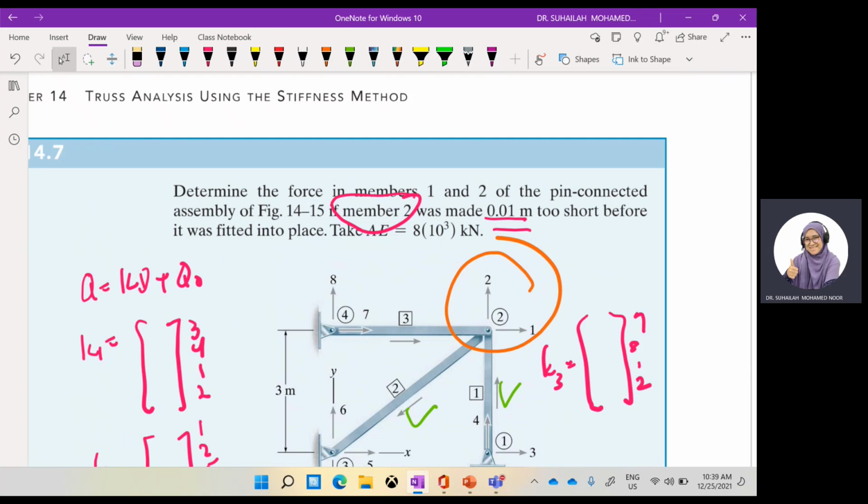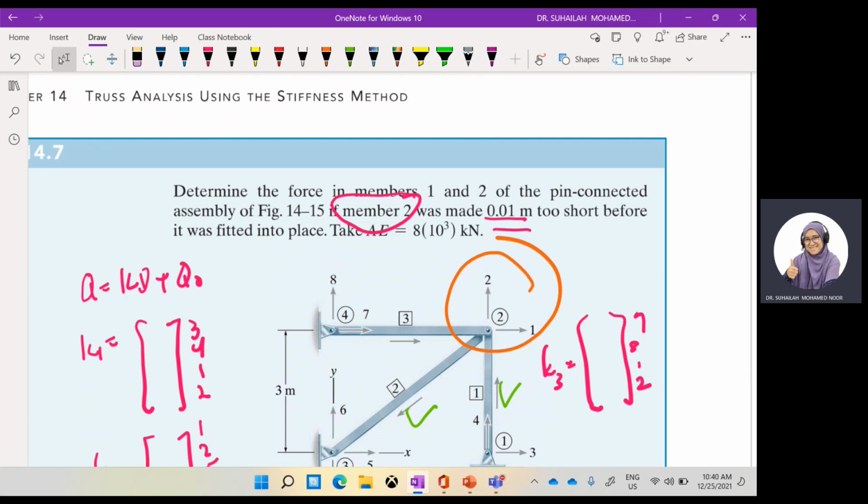Even though this truss has no external loading, due to fabrication error we still get displacement values.